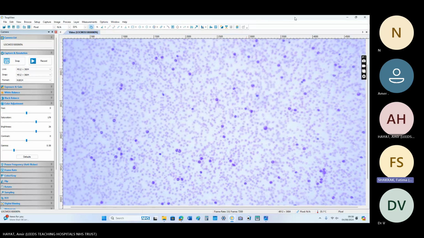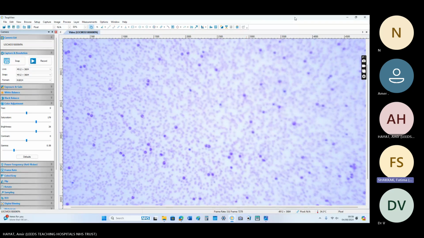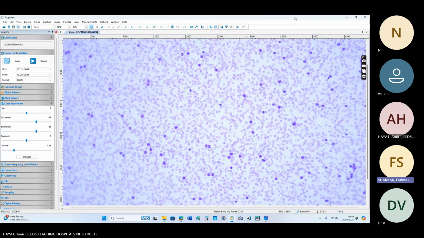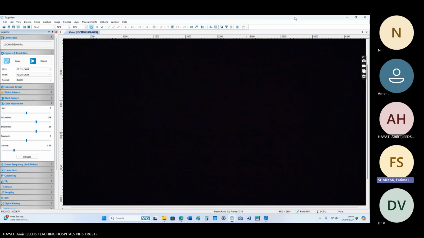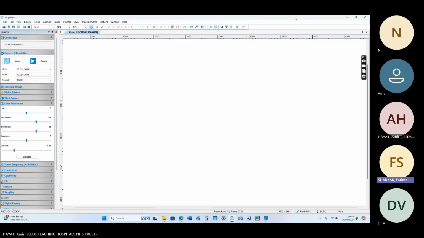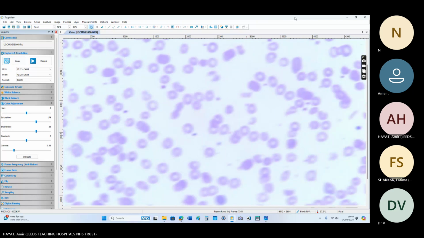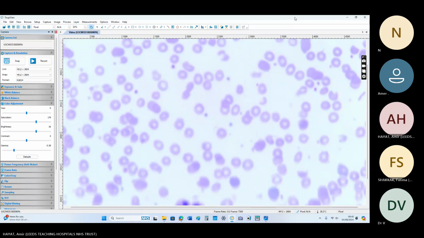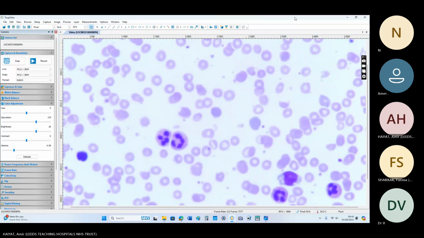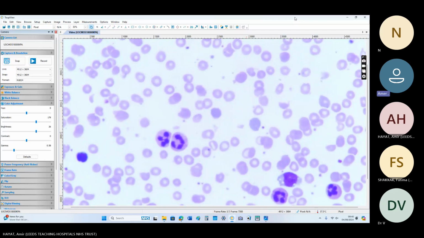I don't think from this power I'll be able to see platelets, but I will try to identify if there is any apparent thrombocytopenia or RBC fragments. Then I will go in to comment.